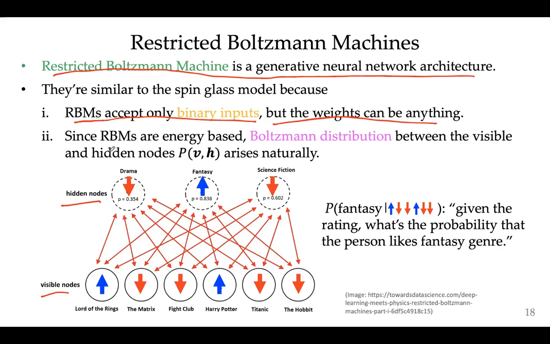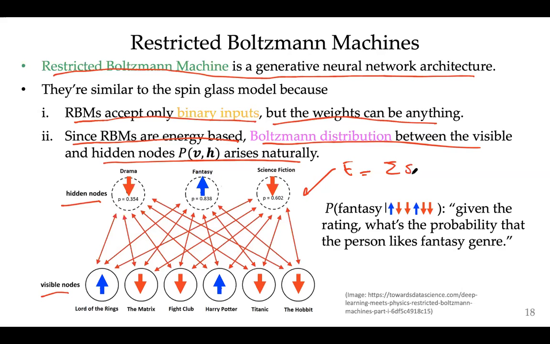The second analogy between the RBMs and the spin systems is that RBMs are energy-based. So because they're energy-based formulations, the Boltzmann distribution between the visible and the hidden nodes arises naturally. If you write the energy for this architecture, it is some function of the nodes.